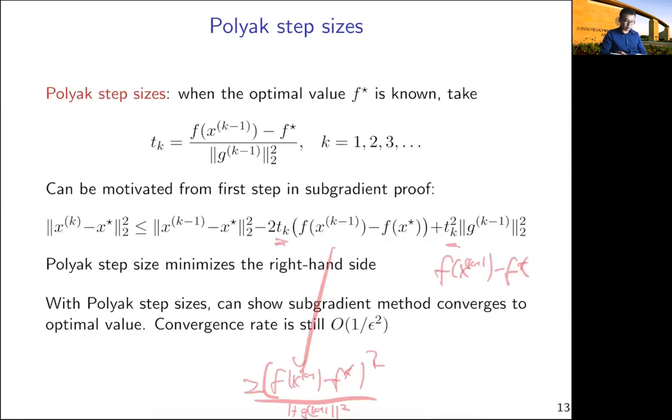But let me jump to the conclusion. Once we choose this learning rate appropriately, the final convergence rate is still 1 over epsilon squared. You may improve a little bit on the constant, but at the end of the day, you are still not doing too much better than that in the worst case when you choose a fixed sequence of learning rate.